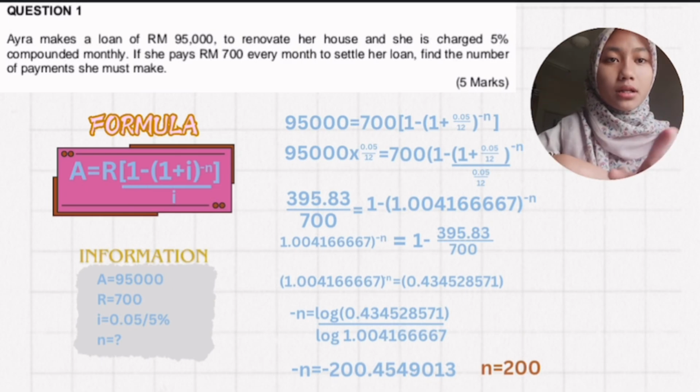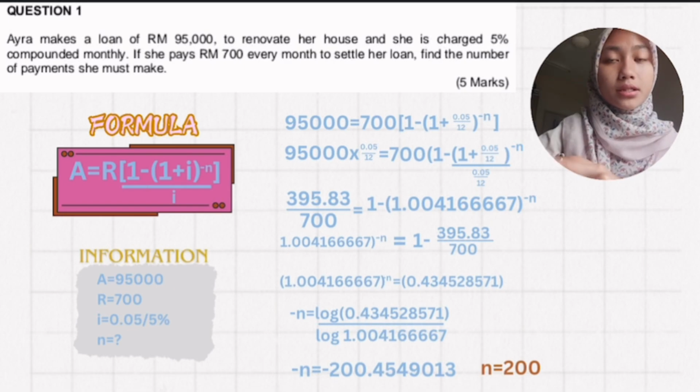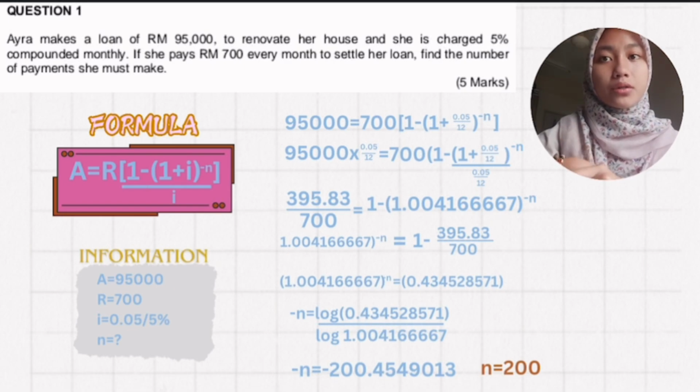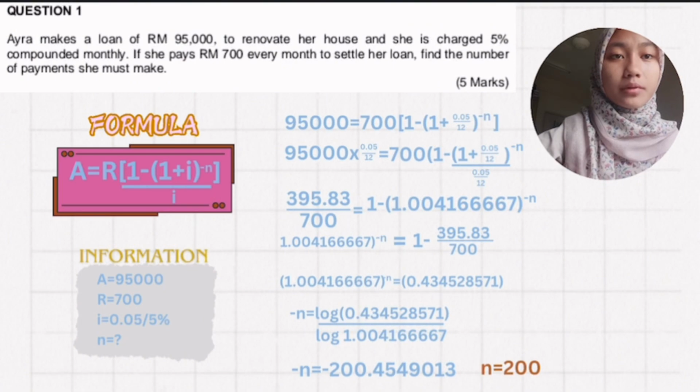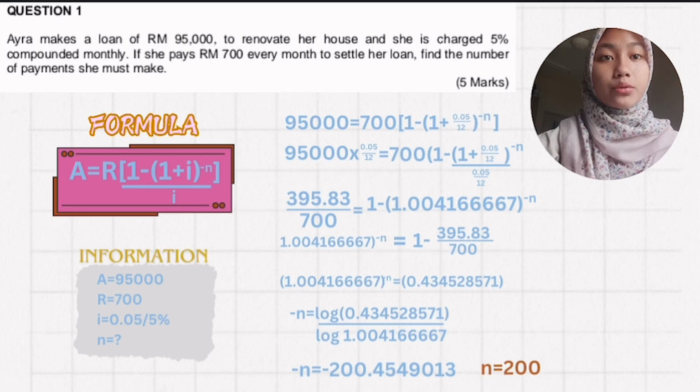To find negative n, we must put log into this part. Okay, the answer is negative n equal to negative 200.4549013. Then we round up the number, so the answer will be n equal to 200.